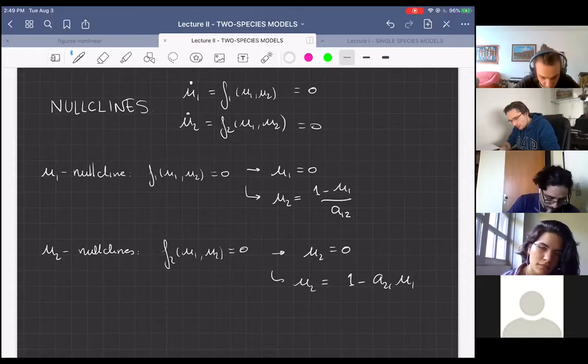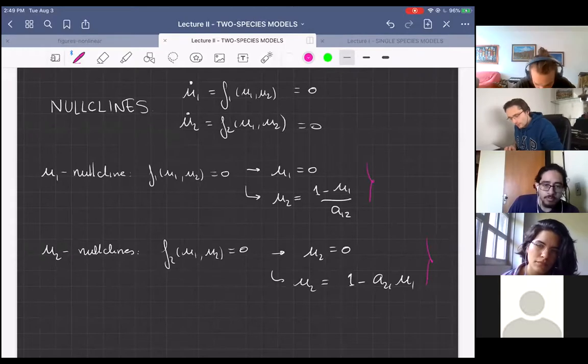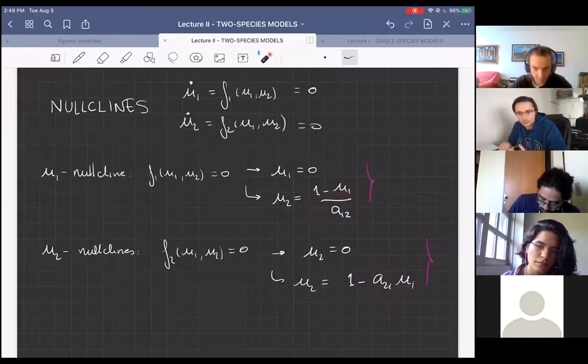As I already anticipated before, these null lines do not depend on rho, and that's very important because we have only 2 parameters. And depending on the values of A1 and A2, we are going to have 4 different cases for these null lines.